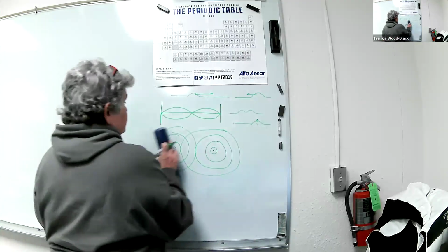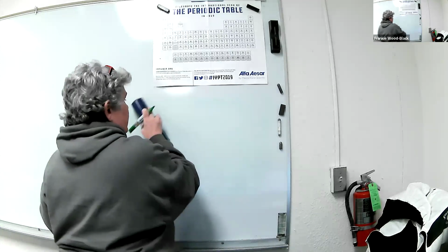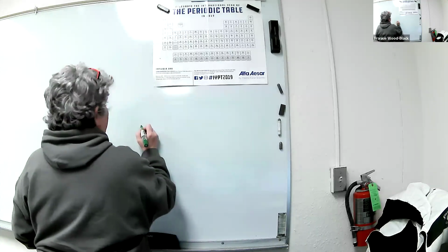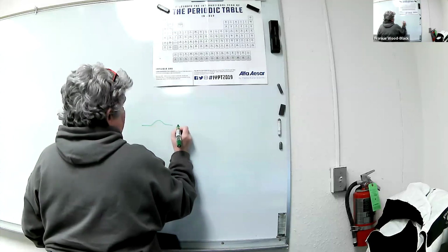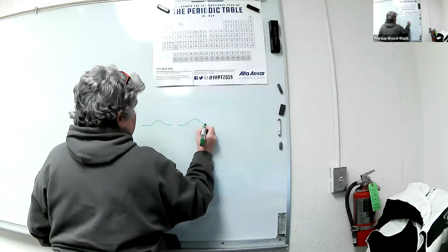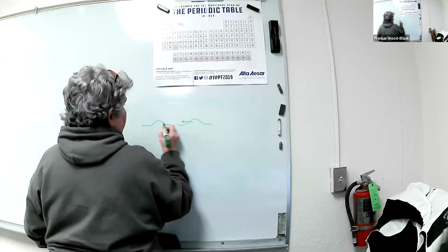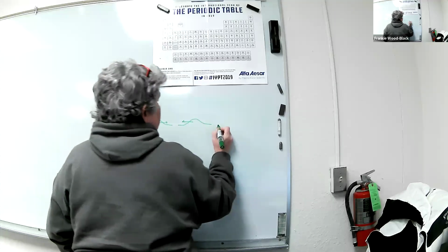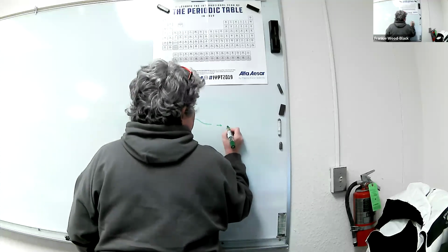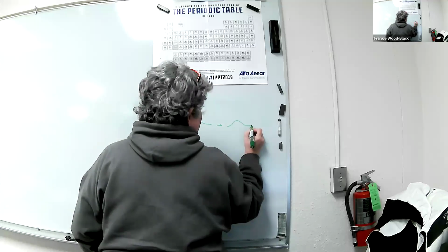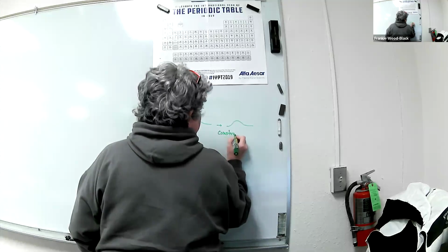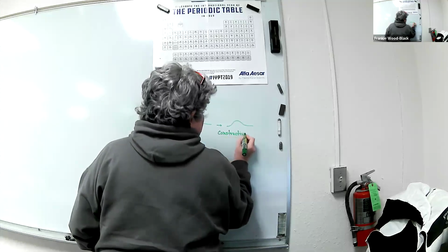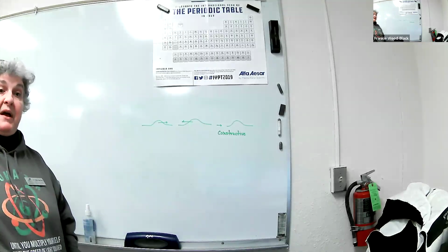So I can add the waves, and the waves will continue to go out in their normal fashion. What happens with my constructive interference? Let's say I have a wave that looks like this, and it's going to interact with a wave that looks like this. These are coming together, and I'm going to get constructive interference. At some point, I'm going to get a wave that's twice the height, and that's constructive. They're going to add together and get bigger.